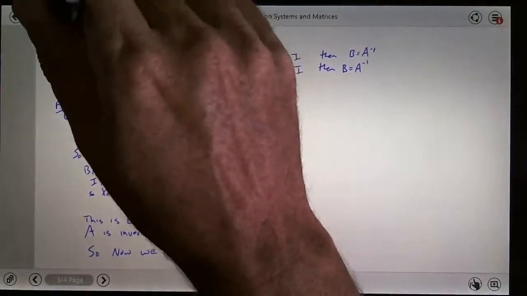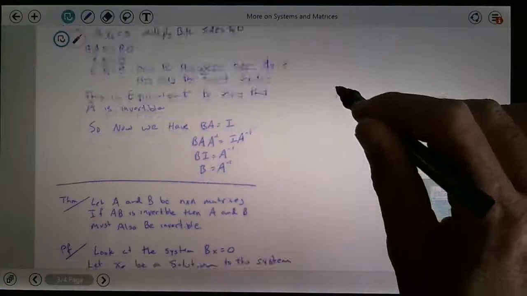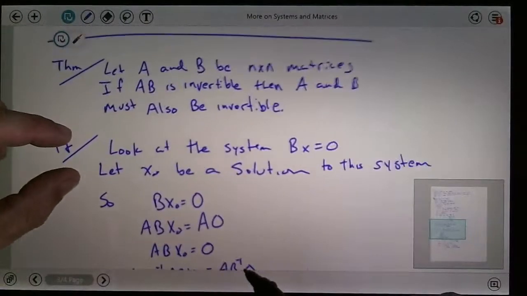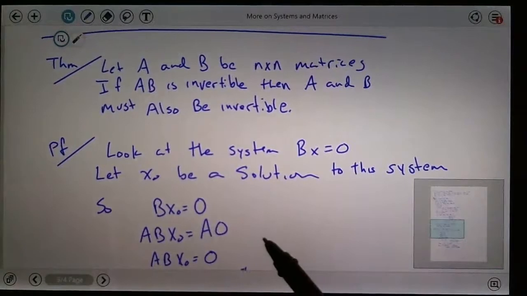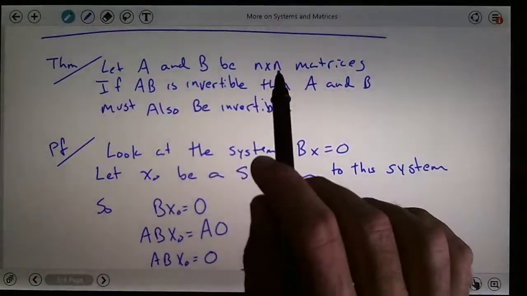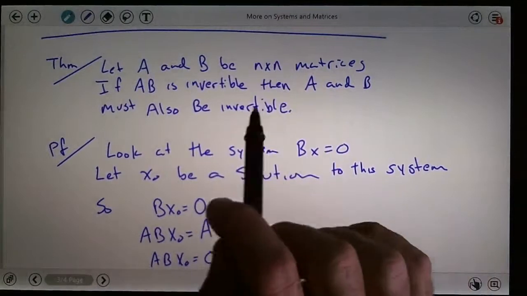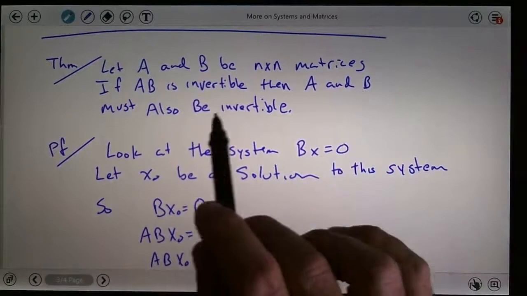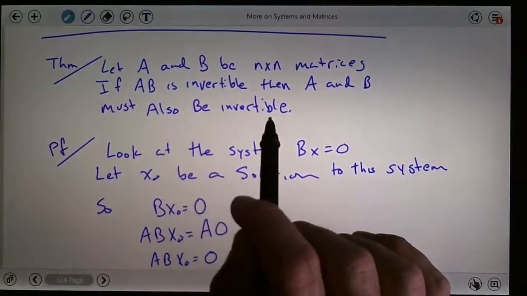Now, I want to look at the next theorem here. Let A and B be n by n matrices. If AB is invertible, then A and B must also be invertible.